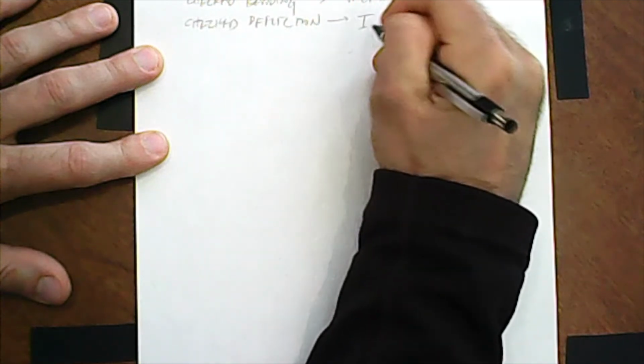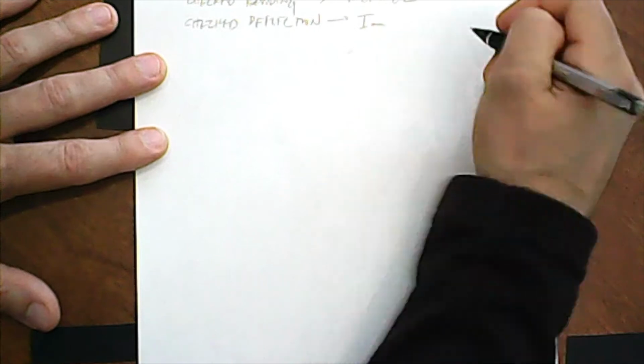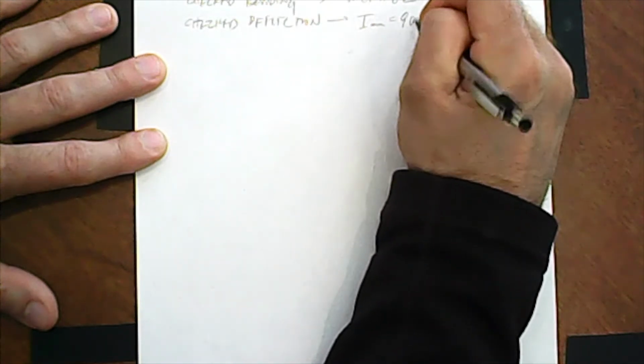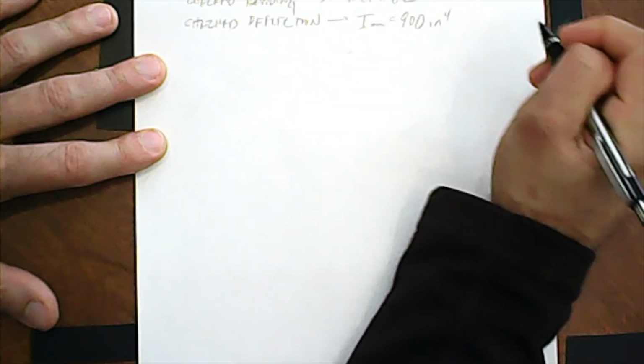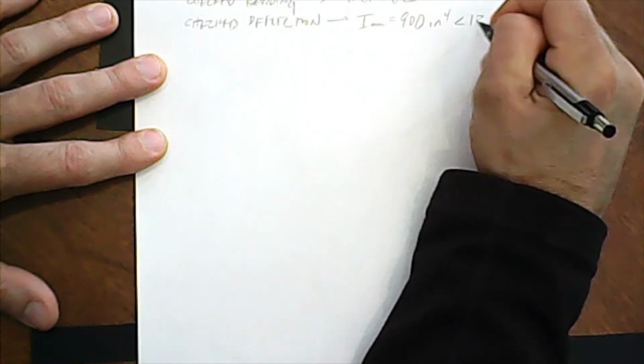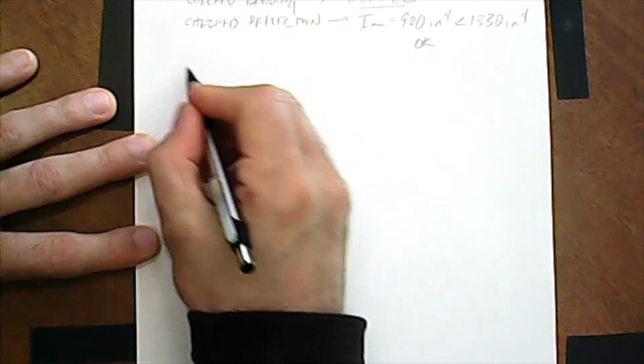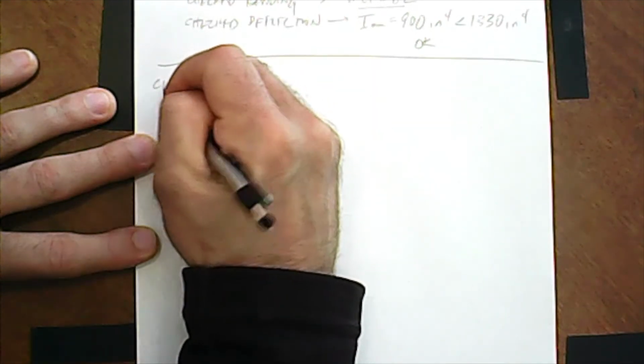And that said our minimum moment of inertia is equal to 900 inches to the fourth, where W21 by 62 had 1330 inches to the fourth, so we're still okay. So we're still trying W21 by 62. Our last job is to check shear.